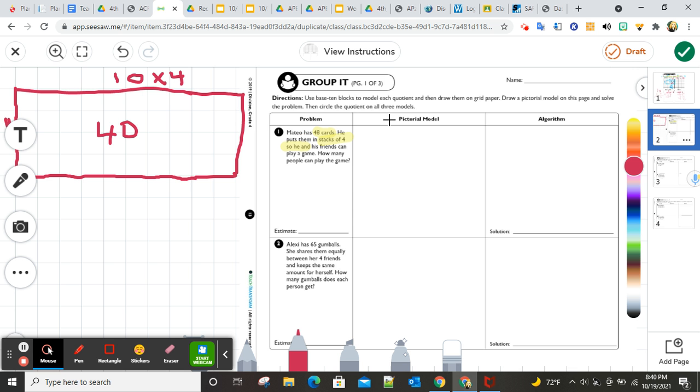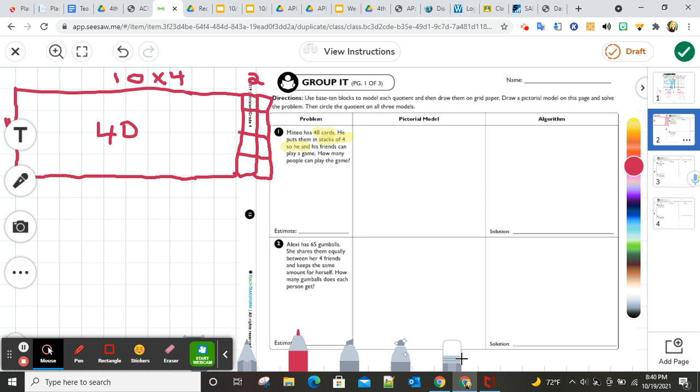But I have 8 left. So I need to get to 48. So I'm going to make 2 more columns here. 1, 2. Since that's 4, this is 2.